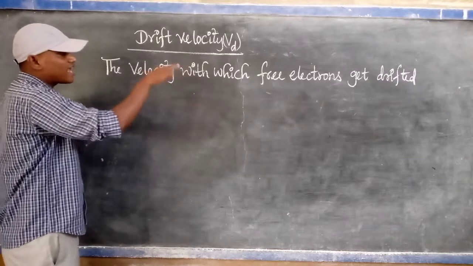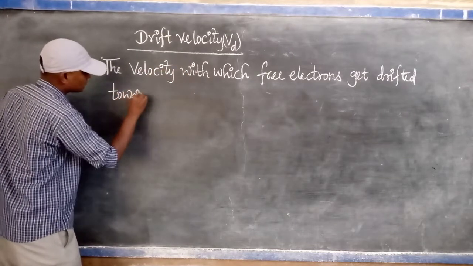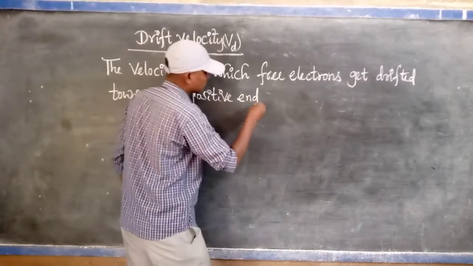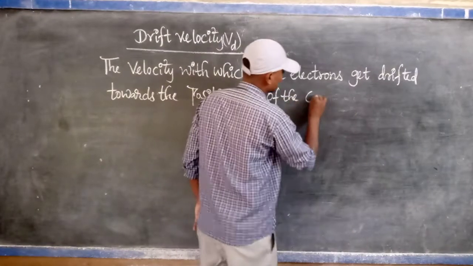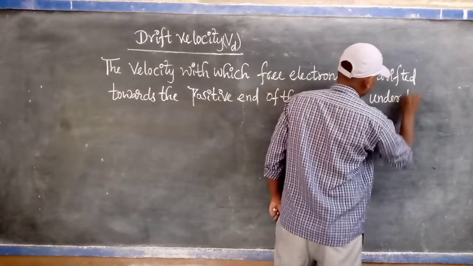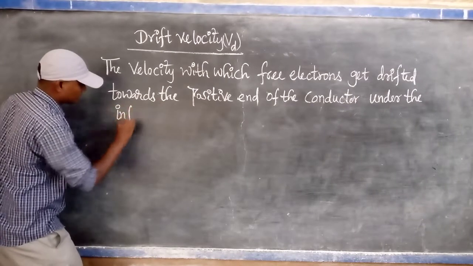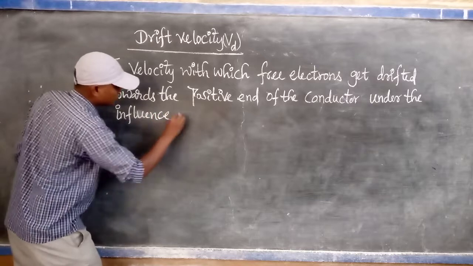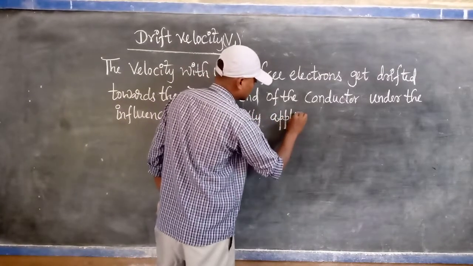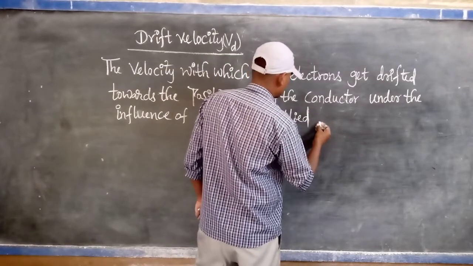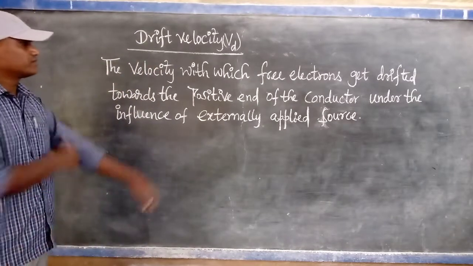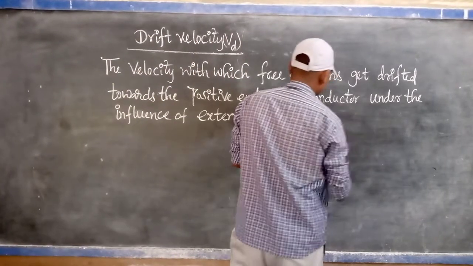The velocity with which free electrons get drifted towards the positive end of the conductor under the influence of externally applied source or charge, force. So listen very carefully.